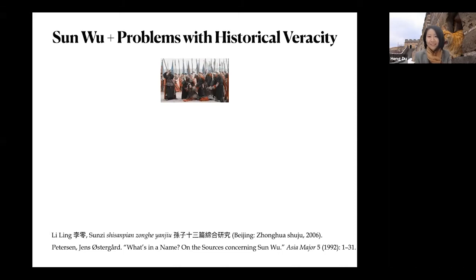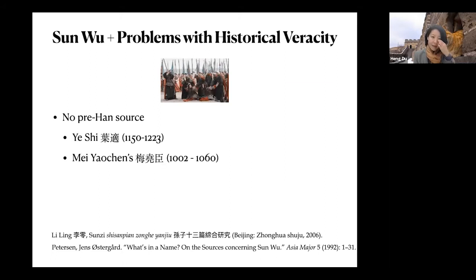I mean, obviously the story itself has all sorts of folklore and fairy tale qualities. So even scholars from the Song period started to point out that if Sun Wu was such an important figure, it's very questionable that none of the pre-Han sources, such as Zuozhuan or Guoyu, mention him.